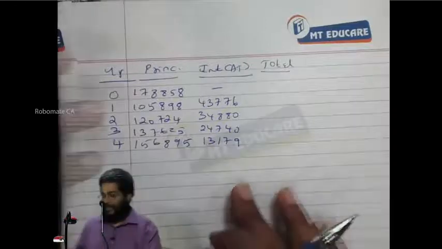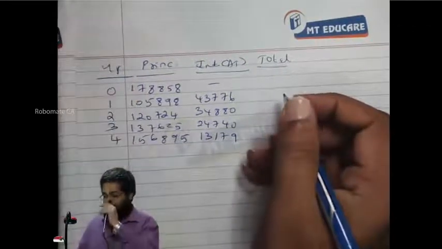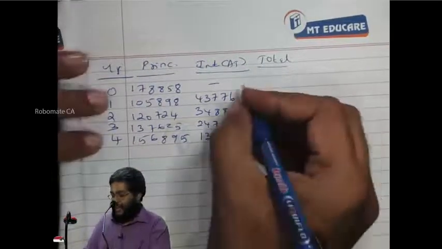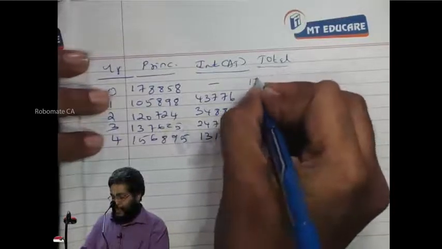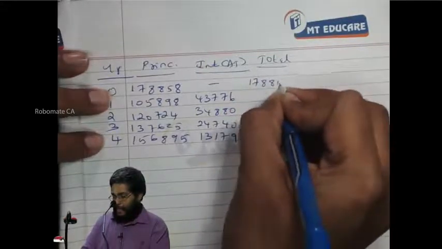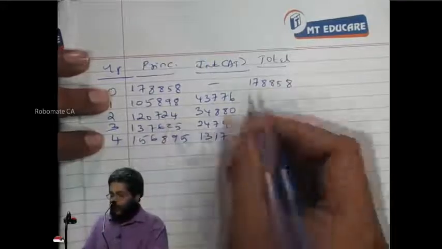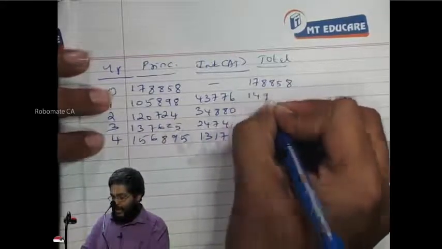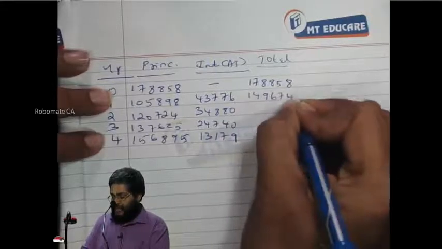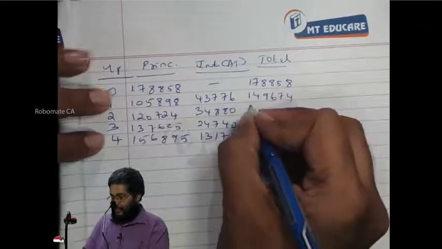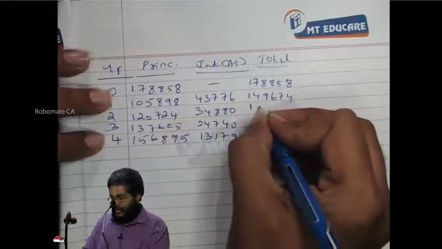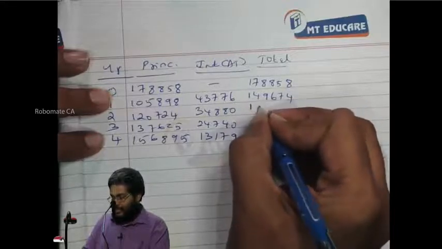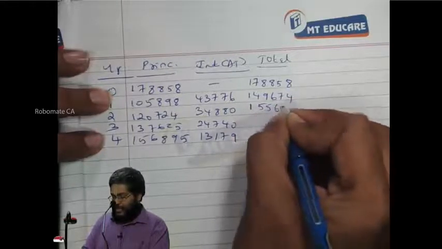Right or not? Please tell me the numbers. First total 1,78,858. Tell me clearly the total. 1,49,674. Third, 1,55,604.